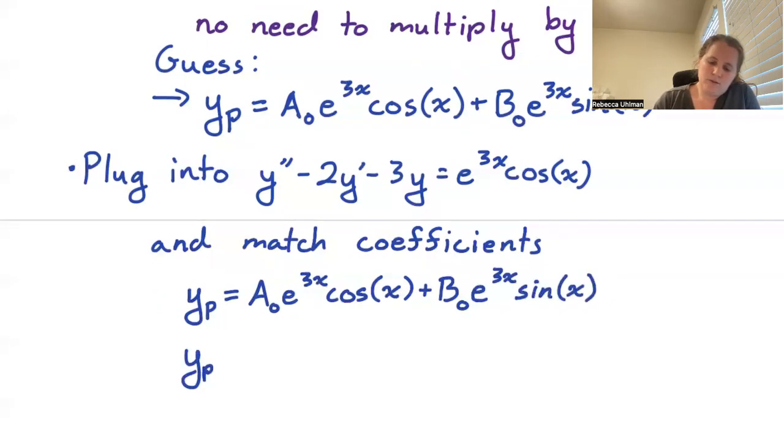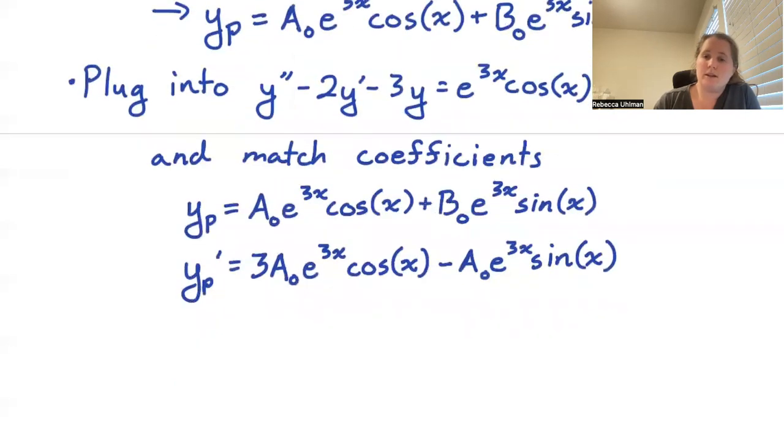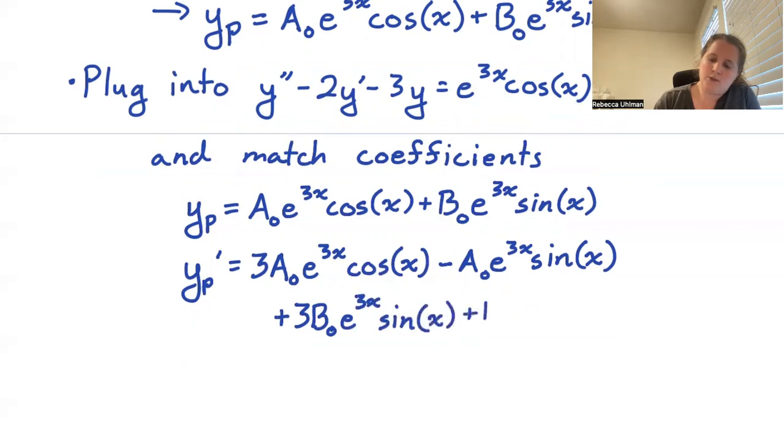Our first derivative, yp prime, we would have a 3 a naught e to the 3x times cosine of x. And product rule, we would have a minus a naught e to the 3x sine of x. Then from our second term, we would have a plus 3b naught e to the 3x sine of x, and then plus b naught e to the 3x cosine of x.